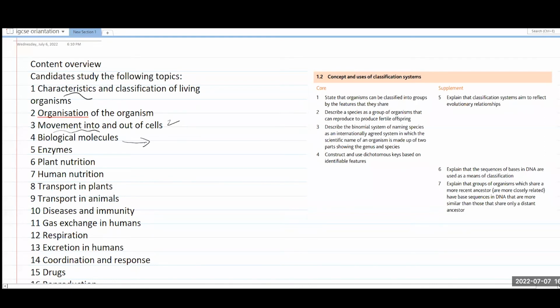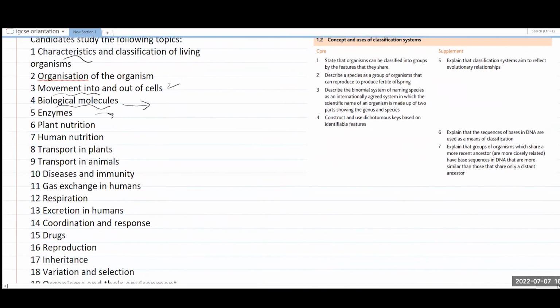Then a very short chapter related to biochemistry. It's talking about biological molecules, the molecules of life which make up our bodies or the bodies of living things, and enzymes. Then we have around 10 chapters related to physiology, or how some systems and organs work inside plants or animals.